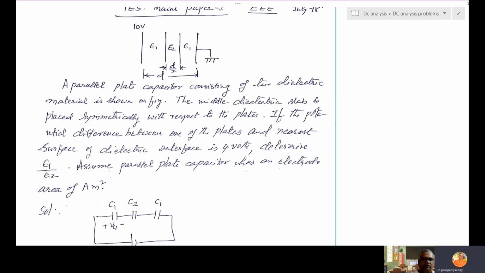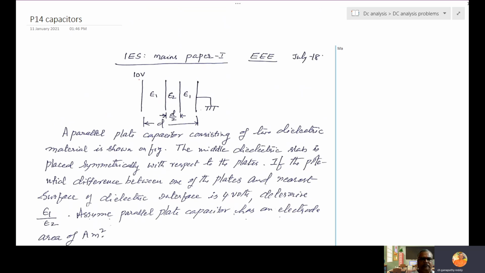If the potential difference between one of the plates and the nearest surface of the dielectric interface is 4 volts, determine epsilon 1 by epsilon 2. Assume the parallel plate capacitor has an electrode area of A meter square.